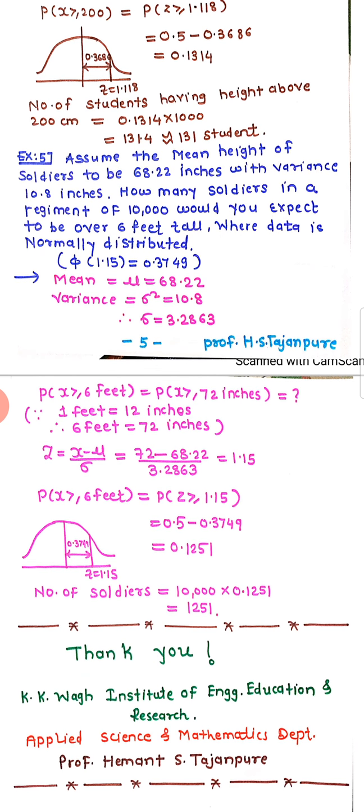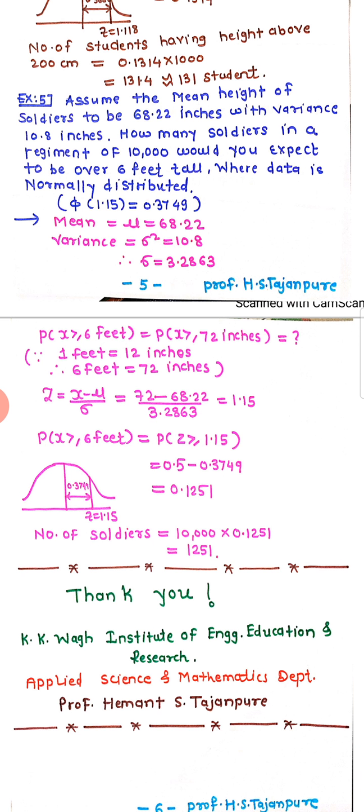Now come to example number 5. Assume the mean height of soldiers to be 68.22 inches with variance 10.8 inches.